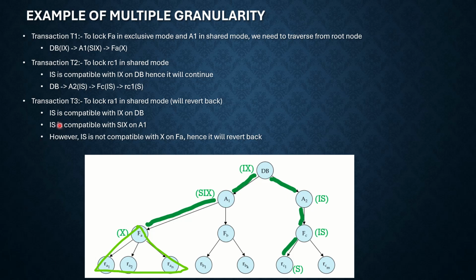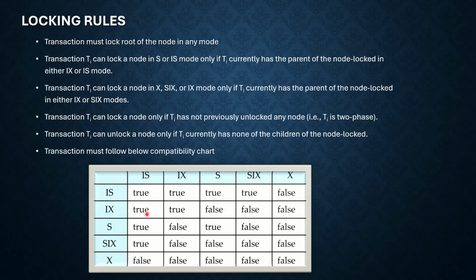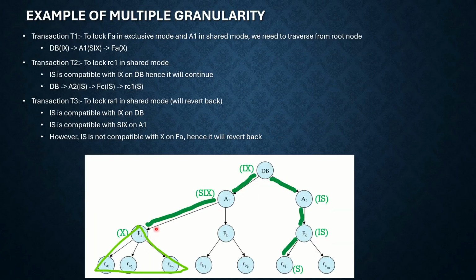Here is how this works with the multiple granularity rules. It will traverse from the root node and try to put an IS lock here, and we see that IS and IX are compatible with each other. It comes to the next node and tries to put an IS lock here, and we see that SIX and IS are compatible with each other.